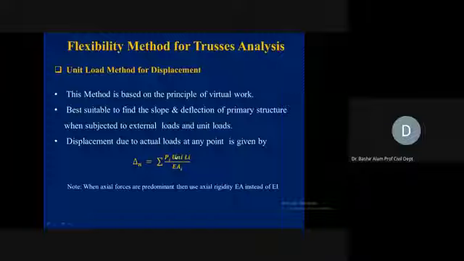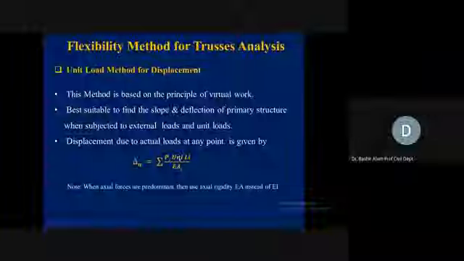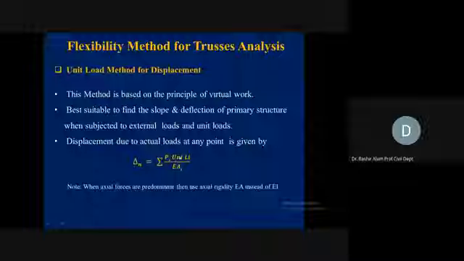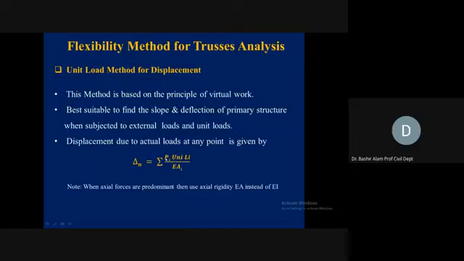This will become our U value because of the unit load corresponding to the redundant actions. So it is the product of P times U now, like there it used to be the product of capital M times small m. And EI is replaced by EA now, axial rigidity coming here.